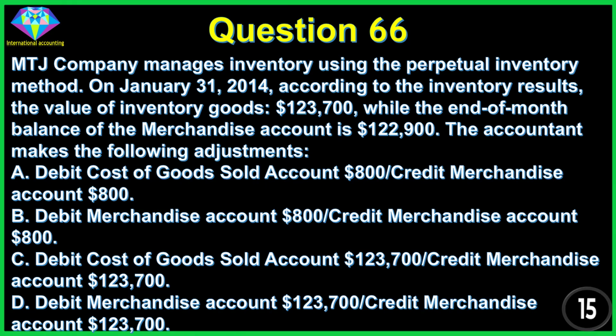B. Debit merchandise account $800 per credit merchandise account $800. C. Debit cost of goods sold account $123,700 per credit merchandise account $123,700. D. Debit merchandise account $123,700 per credit merchandise account $123,700.